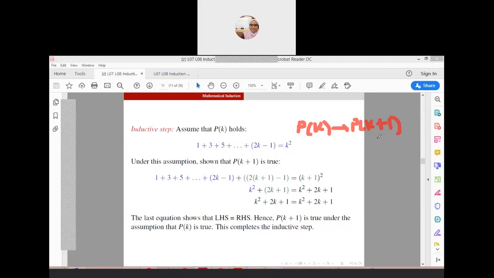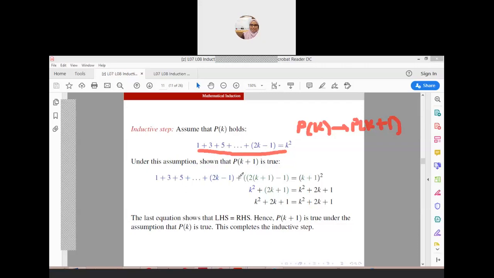Okay, so now in the inductive step, just now we just replaced n with k, right? So after that, remember, we have to put k plus 1 beside the original one, which is 1 plus 3 plus 5 dot dot dot 2k minus 1 is the original one, right?